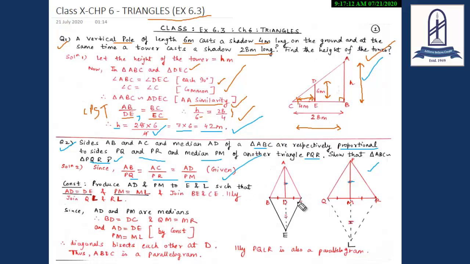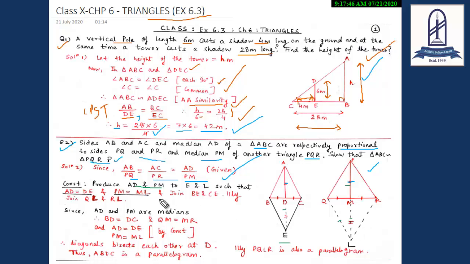And now in this question, as we have to prove that triangle ABC is similar to triangle PQR, we will do a construction, where we will extend side AD and PM to E and L, such that, students, AD is equal to DE and PM is equal to ML. And now we will join BE and CE. Similarly, we will join QL and RL.